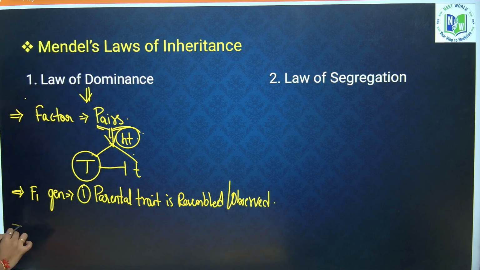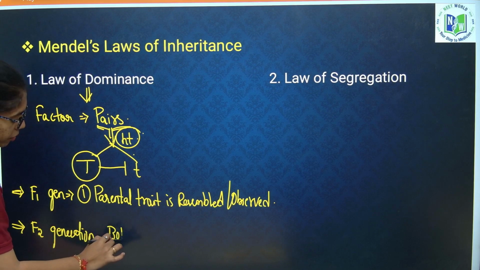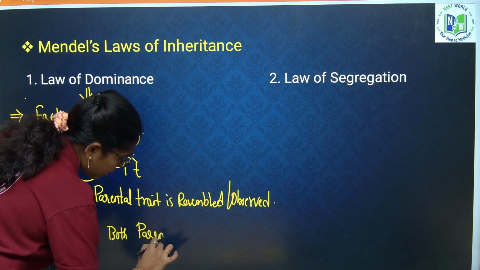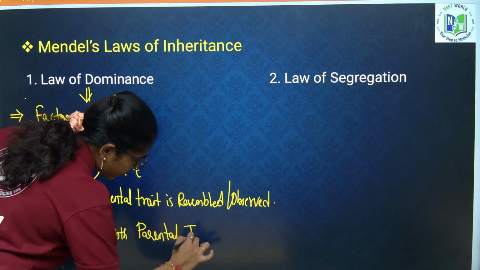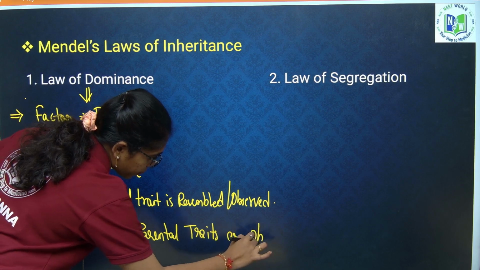Okay, and in the F2 generation, both parental features, both parental traits are observed.